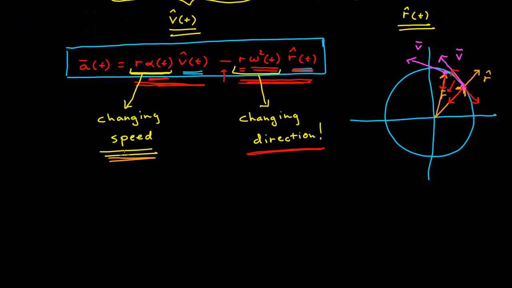Okay, so because these terms are so important, they get their own names and, in fact, their own symbols. So this first term, which is a sub t, a function of t, it is called the tangential acceleration, and it's equal to r alpha of t.